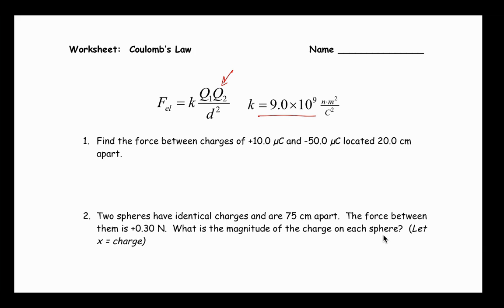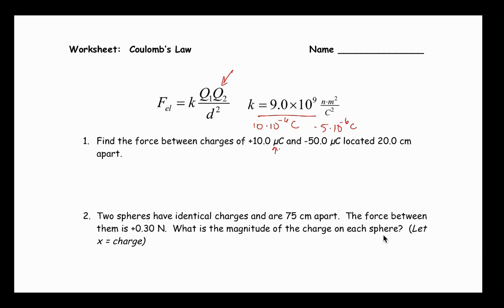For this question, we're going to have to do some unit conversion, which I don't expect you to have memorized, but it's really easy to look up. This little symbol right here means micro, if you just Googled it. That means times 10 to the negative 6. So this number is actually 10 times 10 to the negative 6 coulombs. And this number is negative 50 times 10 to the negative 6 coulombs. It's a very small number.